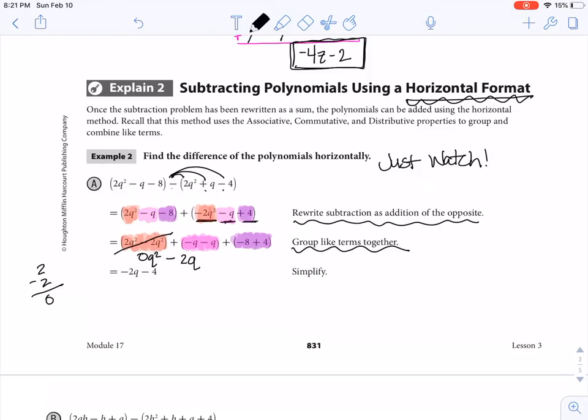Plus negative 8 plus 4. And so a negative 8 plus 4 is going to give me a negative 4. Okay? And because I don't need to include my 0q squared, I'm going to cancel that out, and I'm left with negative q minus 4. So that was just how we simplify finding the difference of these polynomials given.